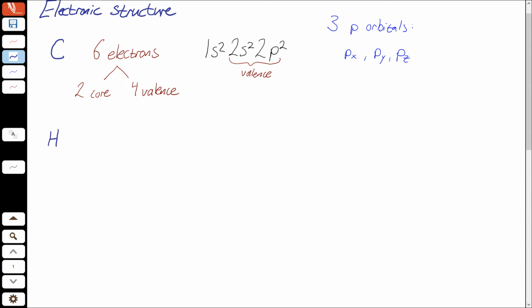How many electrons does hydrogen have? Just 1? And where is that electron? In the 1s, right? So its configuration is just 1s1.